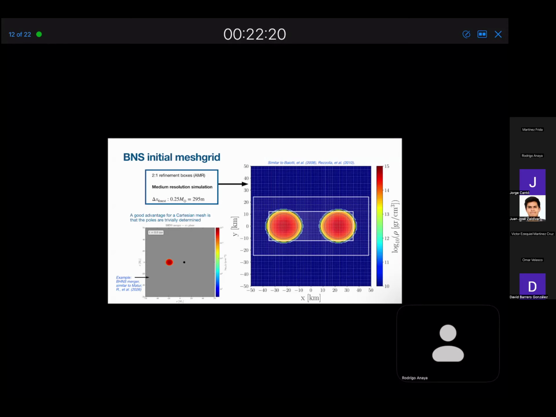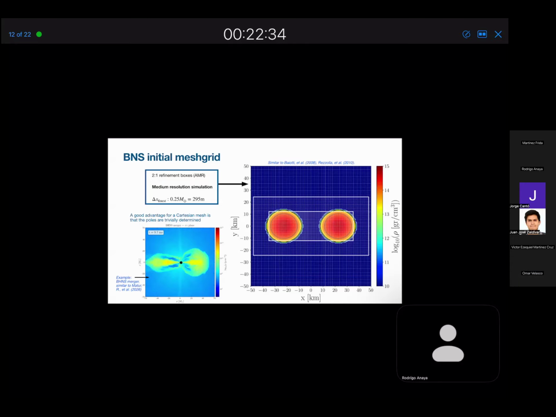And I show you here also one of the advantages of using this Cartesian grid, although this is a low medium resolution simulation. This is another case of merger, which is the merger of a black hole with a neutron star.